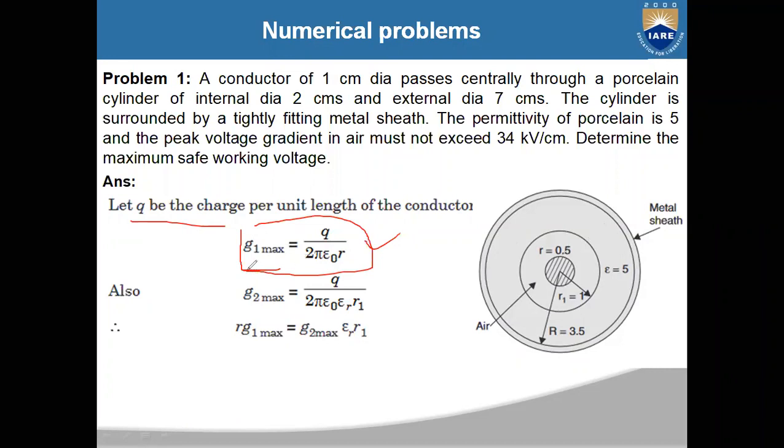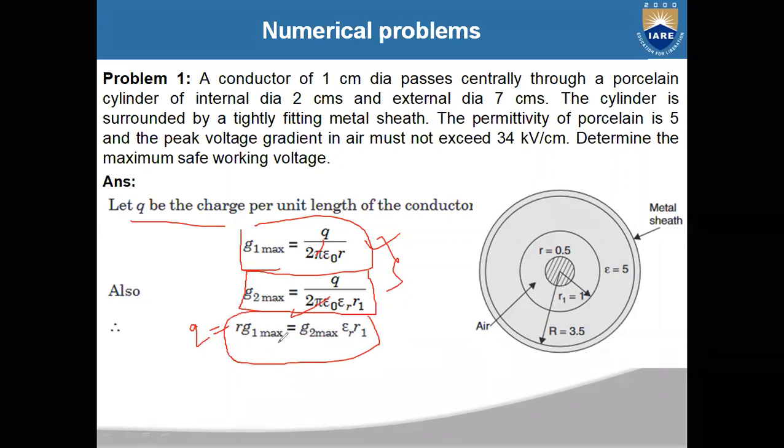For the second layer, the porcelain cylinder, G2 max is Q by 2 pi epsilon naught epsilon r into r1. From these two, Q is equal to G1 max into r into 2 pi epsilon naught, and Q is equal to G2 max into 2 pi epsilon naught epsilon r into r1. These cancel, so you get r into G1 max is equal to G2 max into epsilon r into r1.